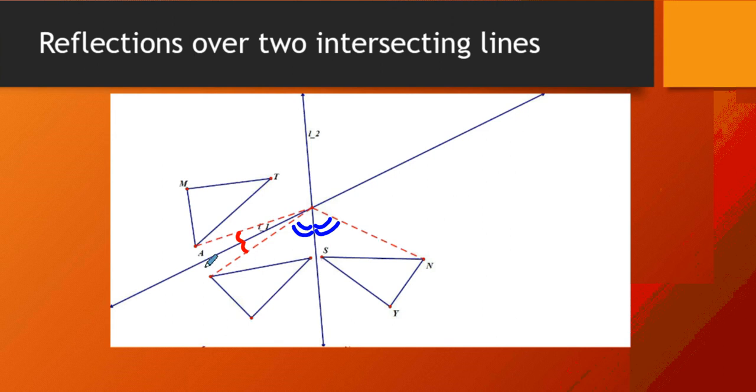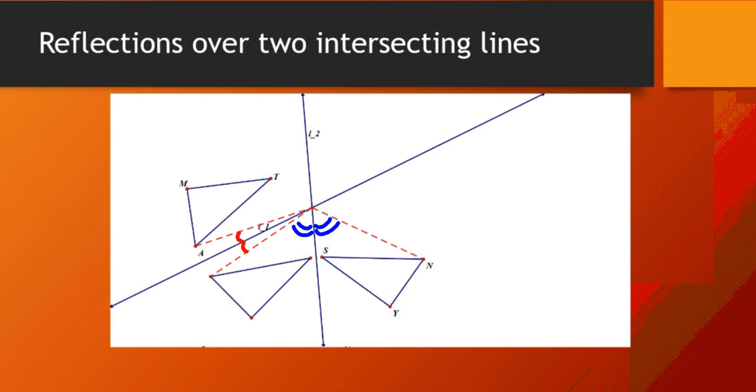And so we have a rotation centered at the point of intersection of L1 and L2. And the angle of rotation is twice the angle between the intersecting lines. So we can do rotations if we have reflections. Rotations are accomplished by reflecting over 2 intersecting lines.